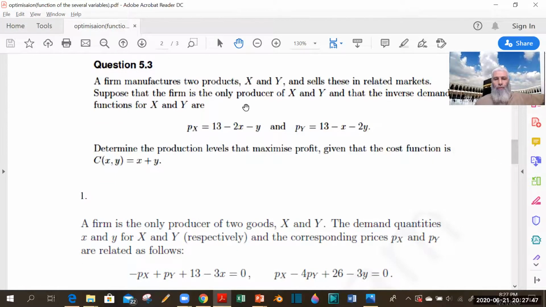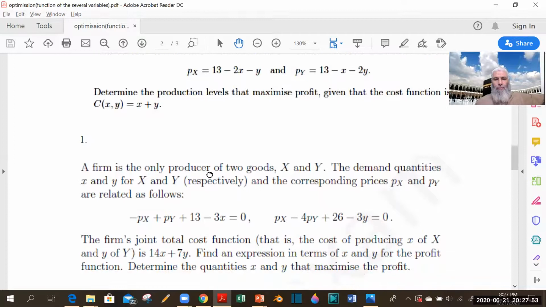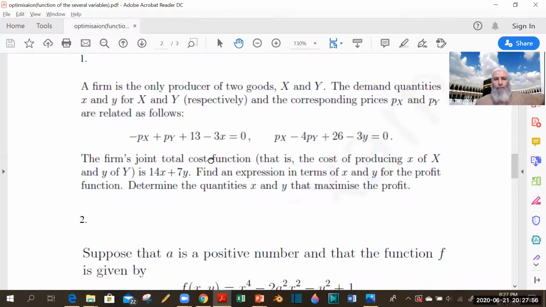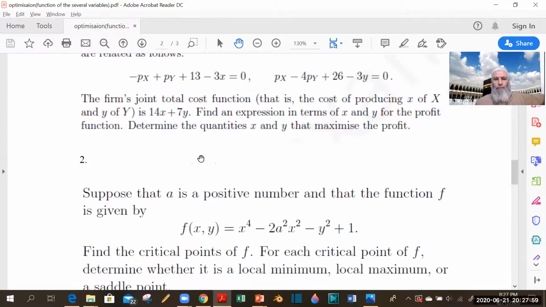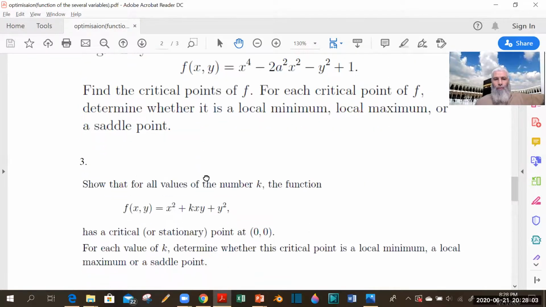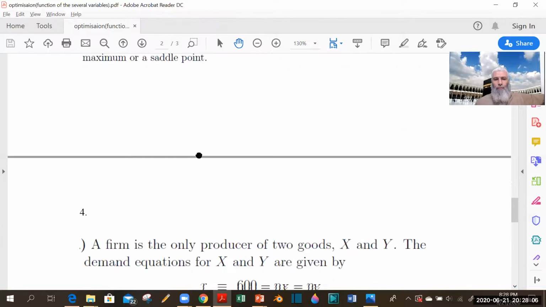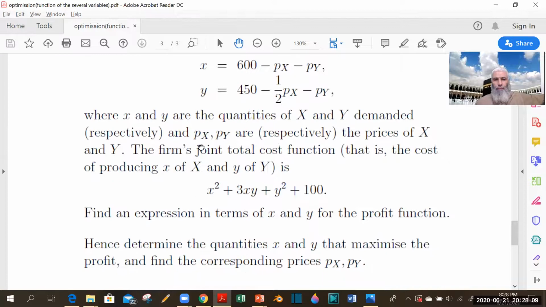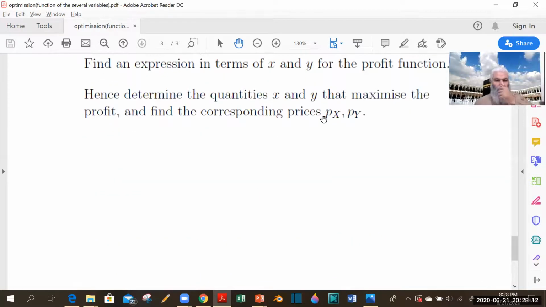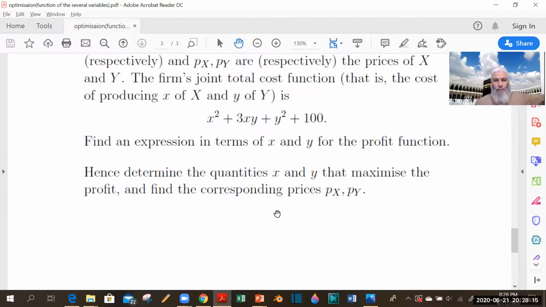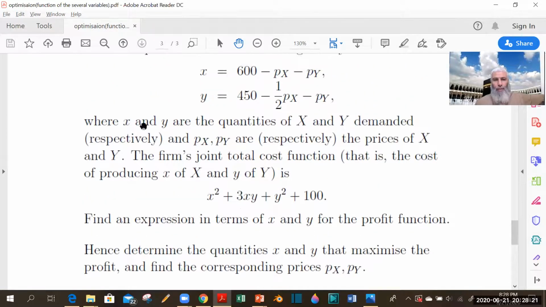You have here F 553, and this is the profit function, where X and Y are the quantities of X and Y demanded, respectively, and Px, Py are respectively the prices.